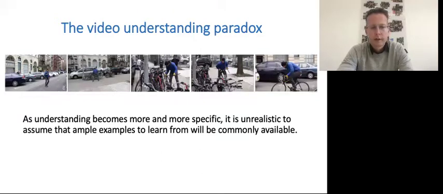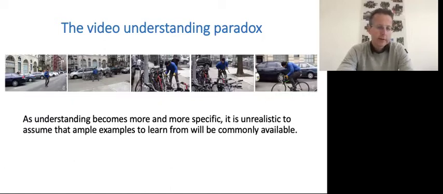Here you see frames from a video where somebody is trying to steal a bike in New York City. Now you can imagine that at some point you will build a detector that can identify bike thieves, that scans the street in front of your house to see whether your bike is still there.